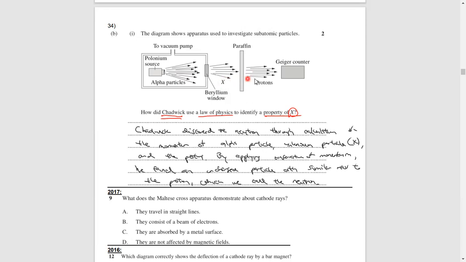So the neutron can knock out a proton. We detect the proton and do some calculations to work out that the unknown particle has a mass roughly equivalent to a proton, and thus discovered what we now know to be the neutron.